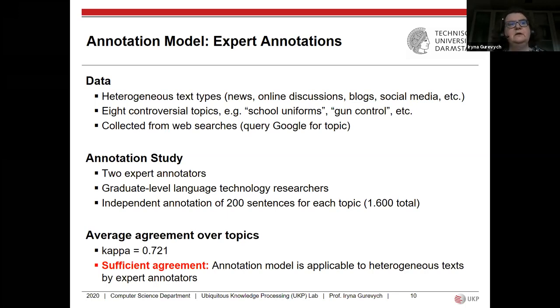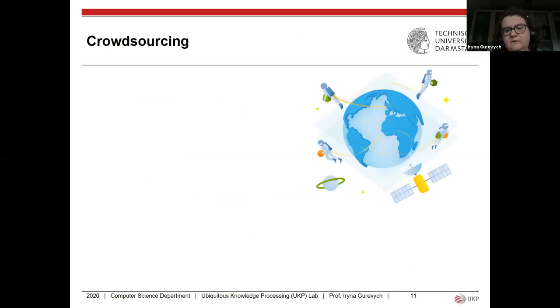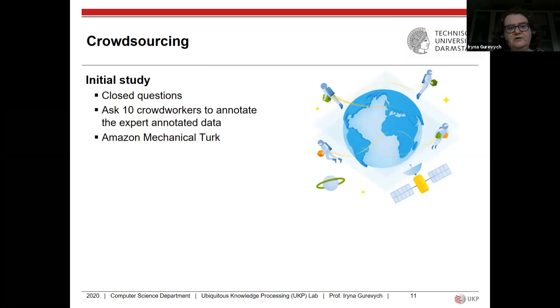So the next step is to scale the annotation process up, since we have said that we require a large amount of annotated data, and this cannot be done with expert annotators. So in our initial study, we asked 10 crowd workers to re-annotate the expert annotated data on AMT.